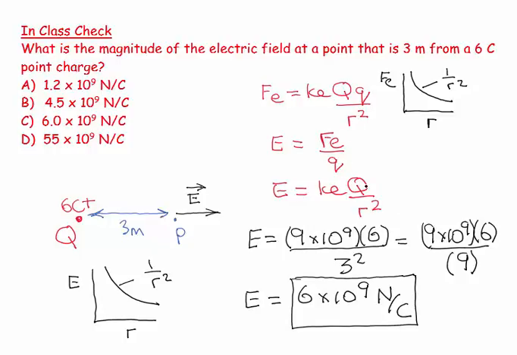They're both 1/r², but this one contains both the big Q and the little q that must be there to cause the force. And in terms of electric field, it's 1/r², but there's only one charge that's being considered. So there we have it.